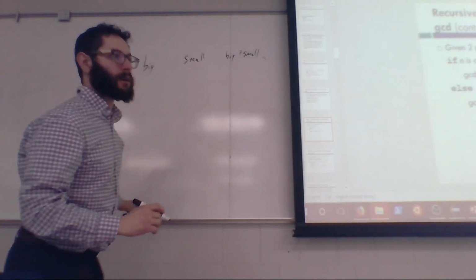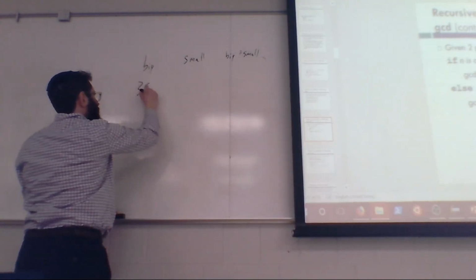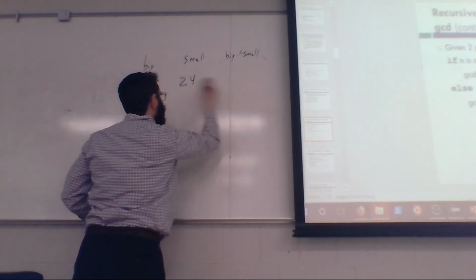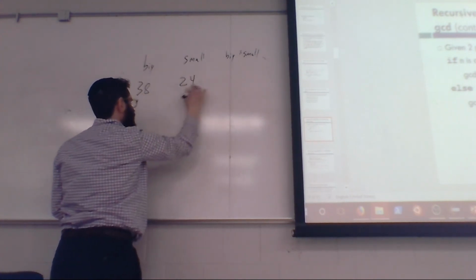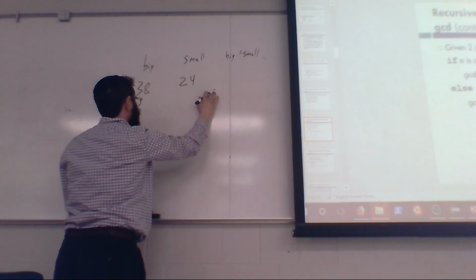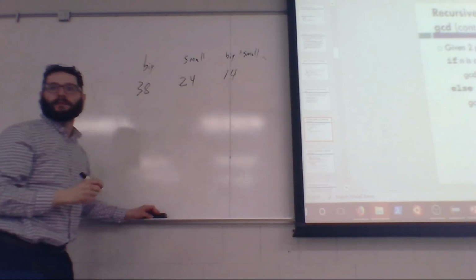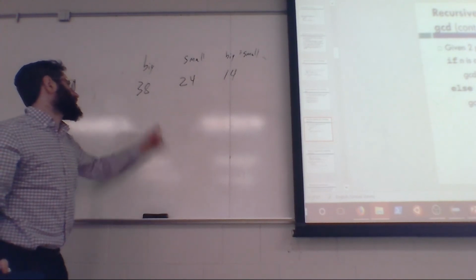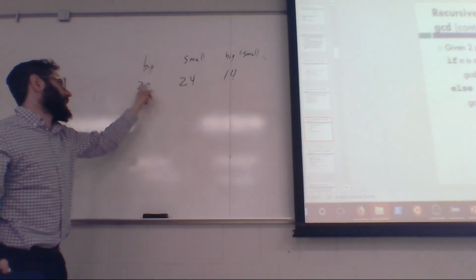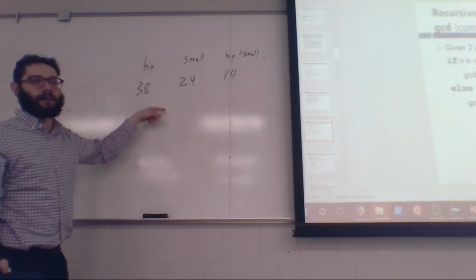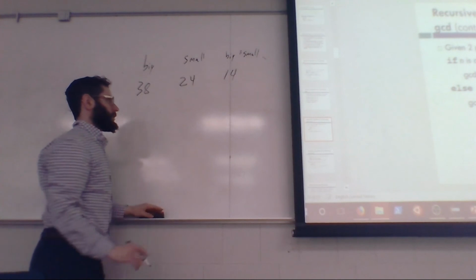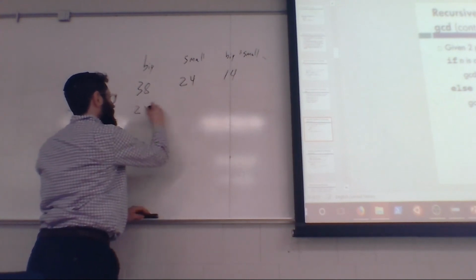Okay, let's go ahead, and I think 38 and 24 was another one. 38 and 24. Big mod small is, so let's see, I think that's 14? Right? So 24 goes in once, so let's just subtract 24 from 38, we get 14, right? So now we use 24 and 14.